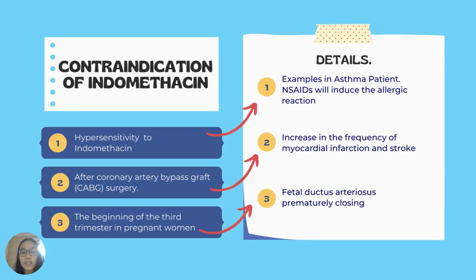The last one is that indomethacin is contraindicated in the beginning of the third trimester in pregnant women, because the use of indomethacin may result in the fetal ductus arteriosus prematurely closing.